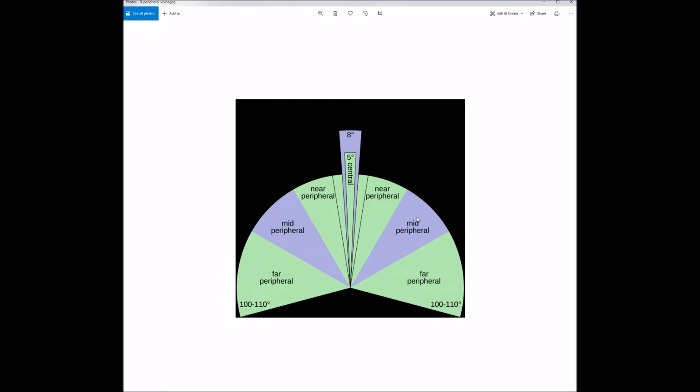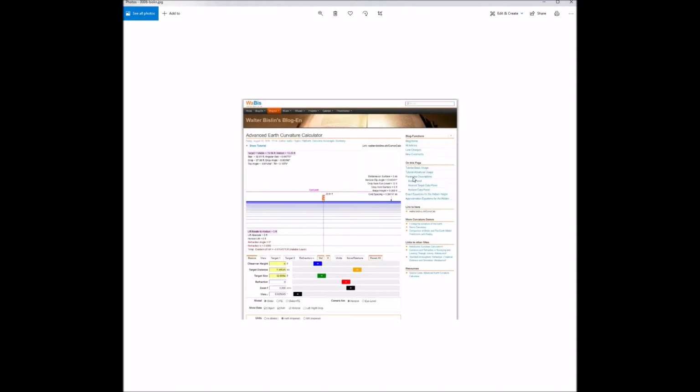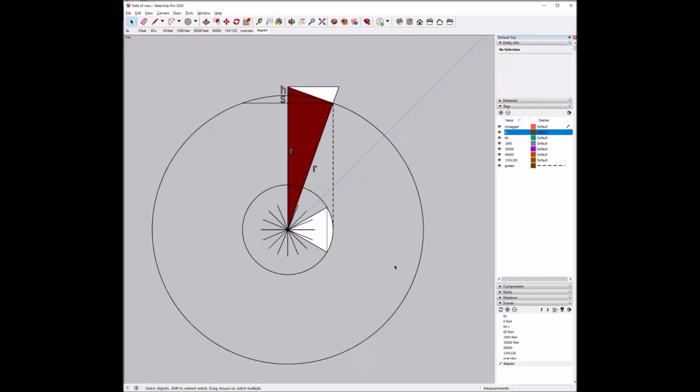So if we want to gather clear comparative information about a straight versus a curved line, we pretty much have to gather that from within this 60-degree zone called near peripheral. So what I've done is I've prepared some diagrams here, and we'll look at some images of the Earth as well.